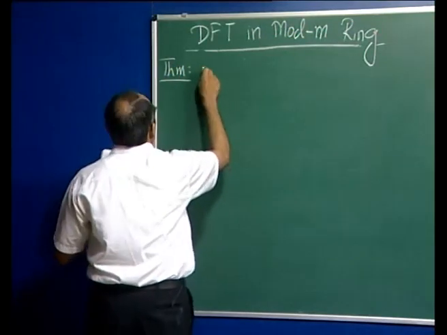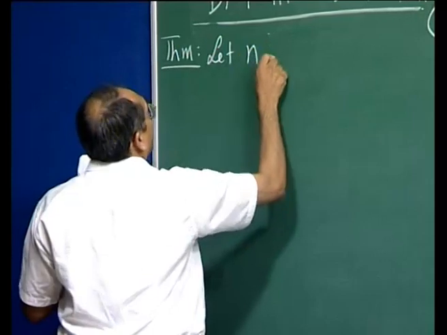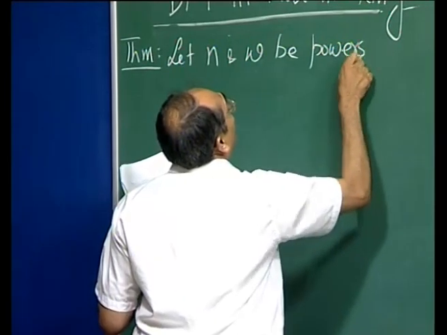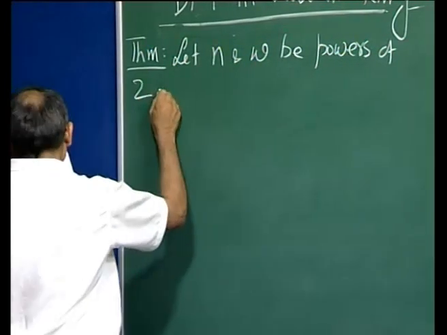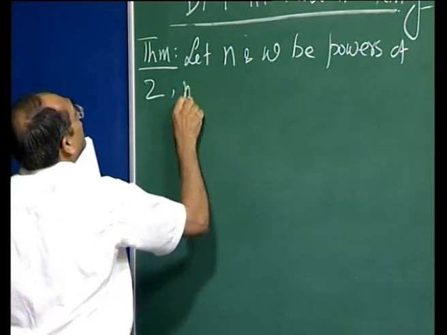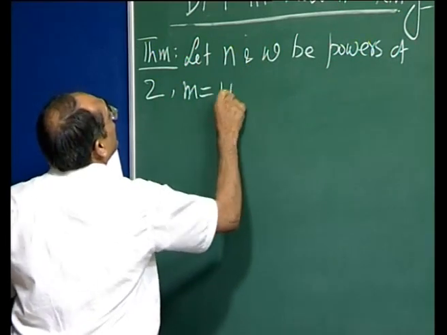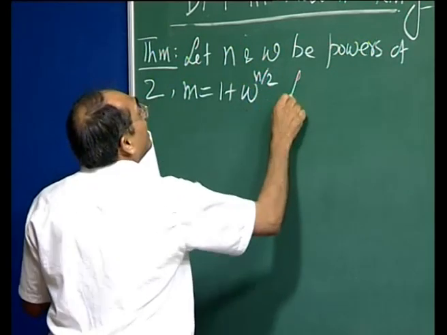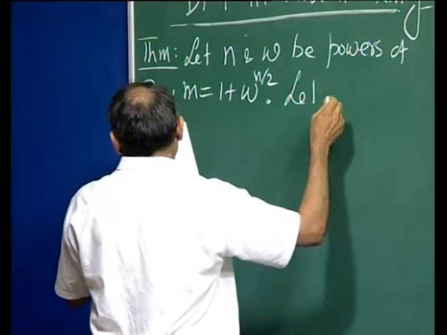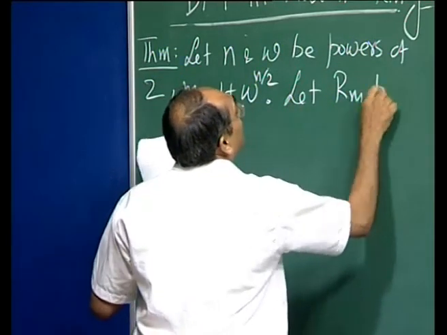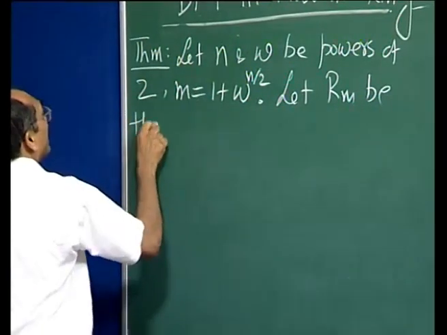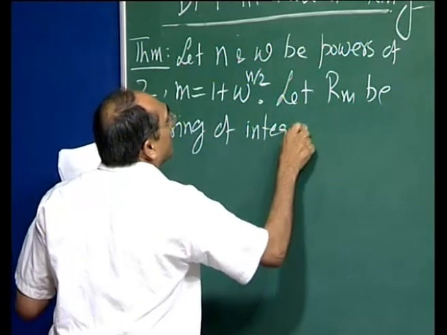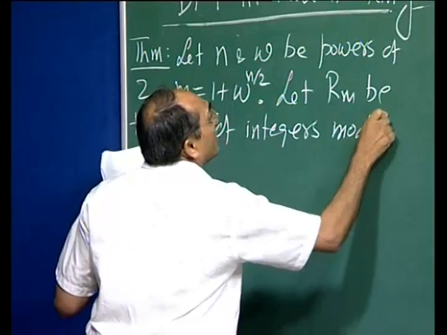The theorem says: let n and w be powers of 2, let m be 1 plus w^(n/2), and let R_m be the ring of integers modulo m.